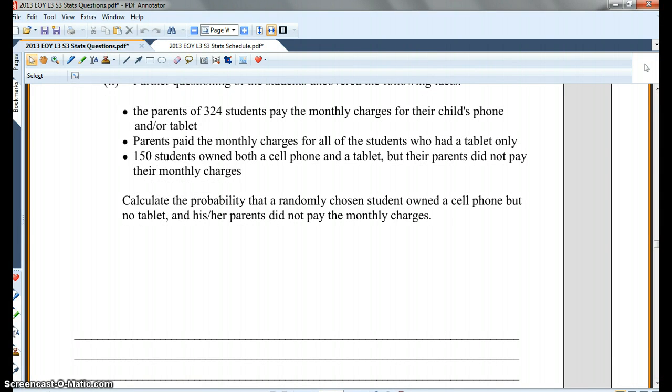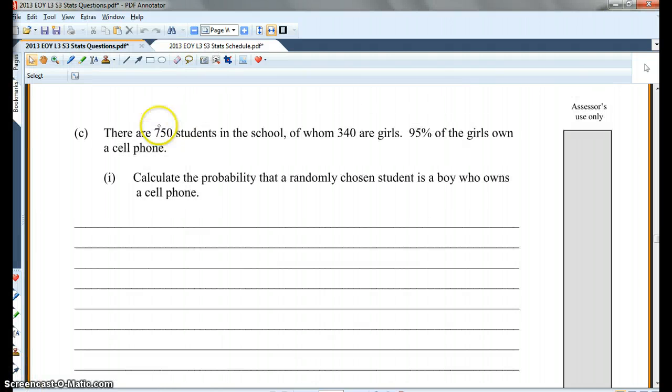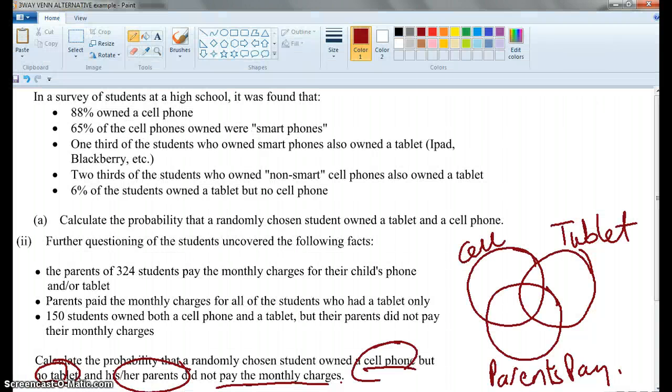Hang on, better find it. Okay, that was hidden in here. 750 students in the school. So, boy, you've got to find the information, that's for sure. So we've got 750, so we know that. 750 people.